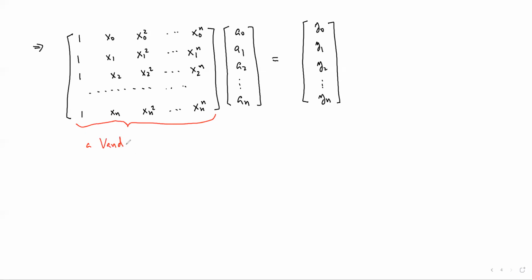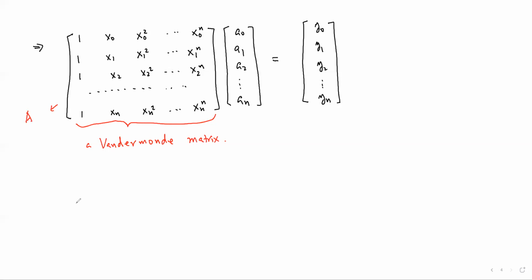Vandermonde is the name of a mathematician. Let me denote this matrix by A.